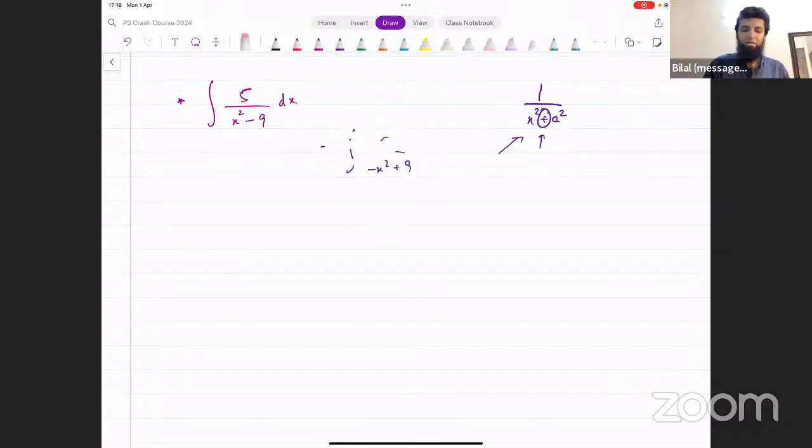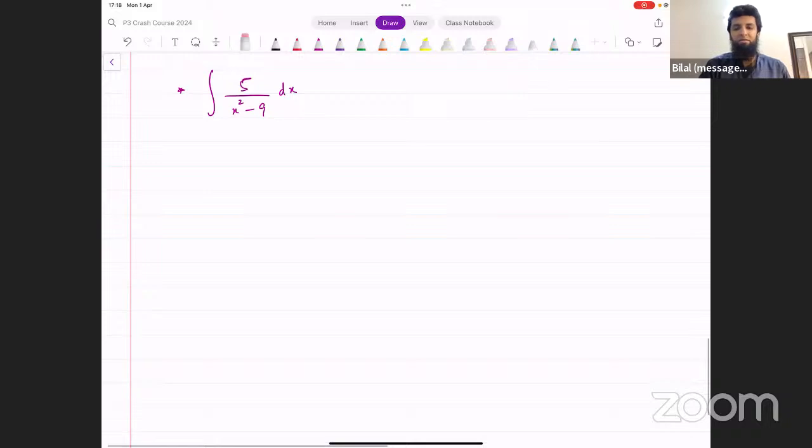Okay, what else? It's not a new form. You can use one of the rules that we've done already. How do we integrate this? 5 over x squared minus 9. Partial fractions, but for partial fractions, we need some factors in the denominator.